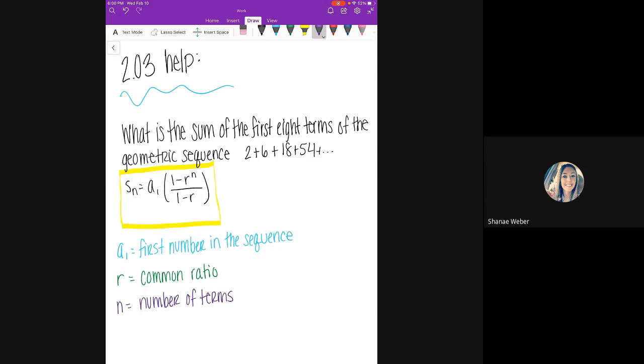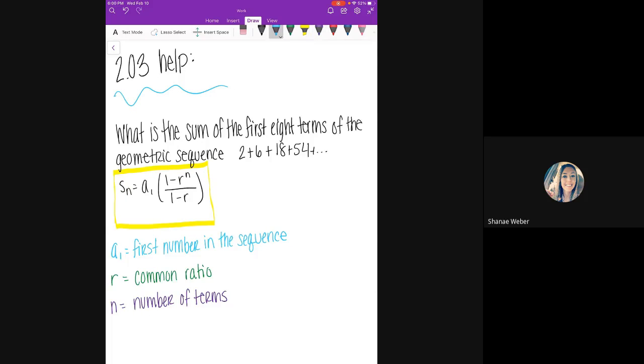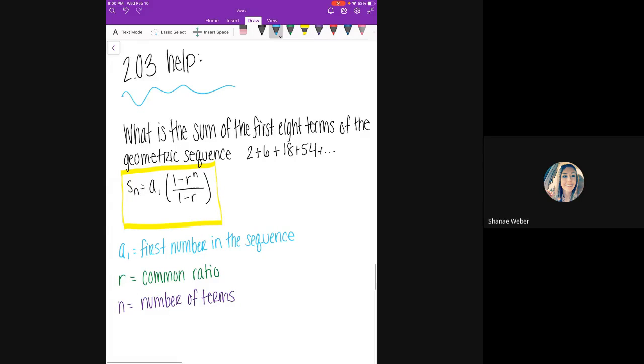Okay. So now let's figure out what our A1, our R, and our N are for this problem. So for this particular problem, A1, our first term in our sequence, is 2. Our common ratio, how do we get from one number to the next?